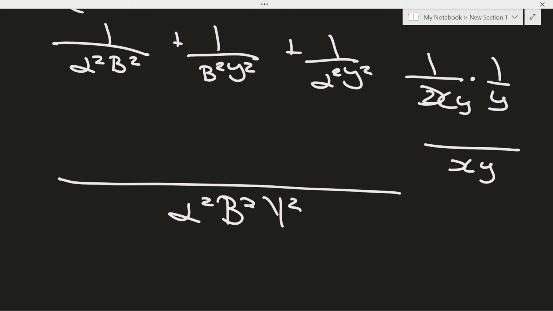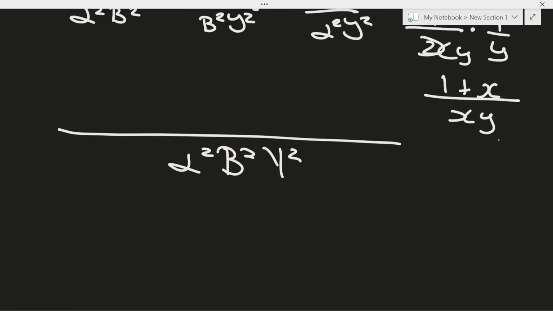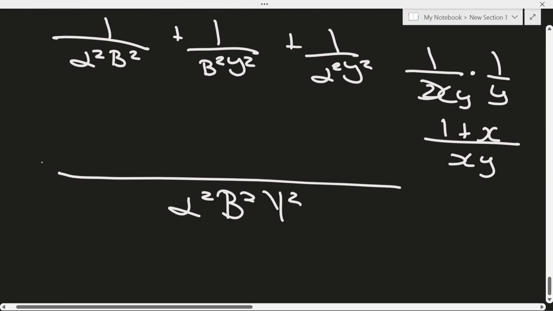Because xy can go into this, and y can also go into this. So this would be 1 plus x. Hopefully that clears something up, because I actually had a problem learning that part a little bit.